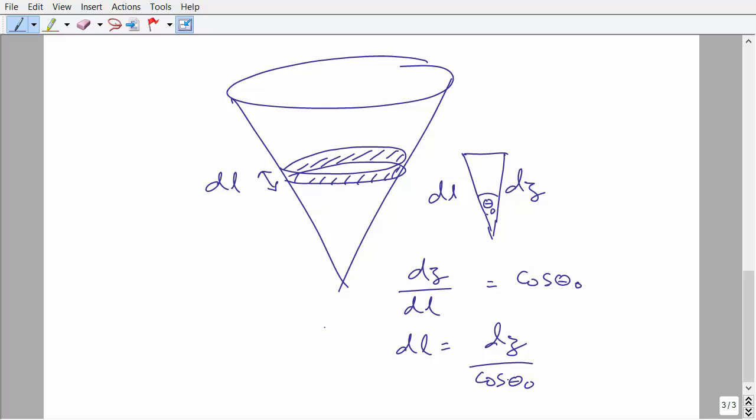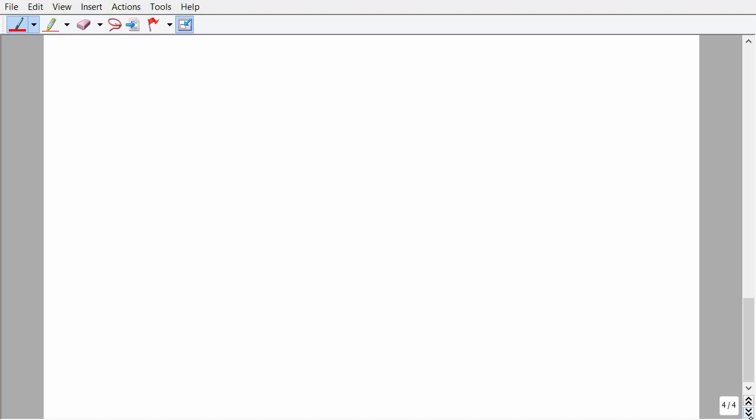Okay, so let's combine this result then with our previous result for K to generate the current element dI. Okay, so this is then going to give us, let's see, what does that give us?